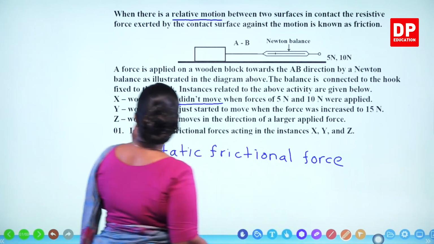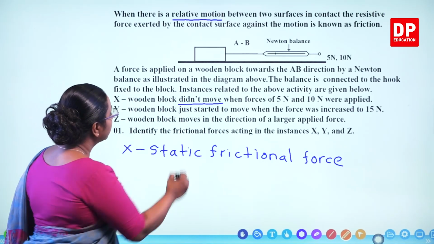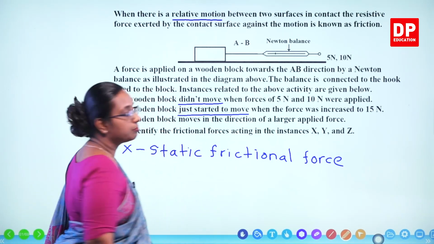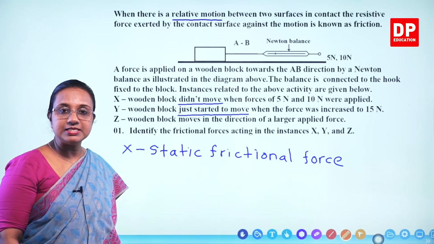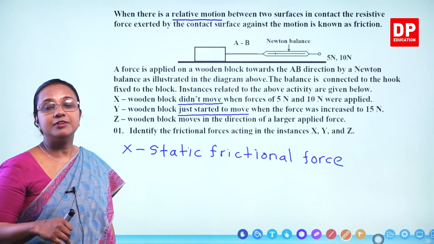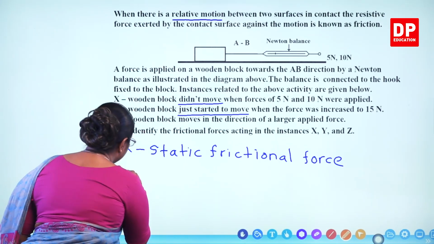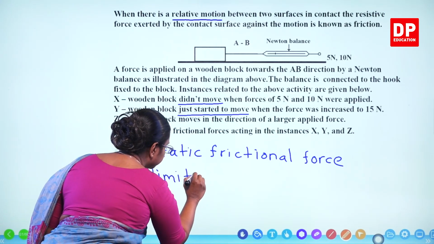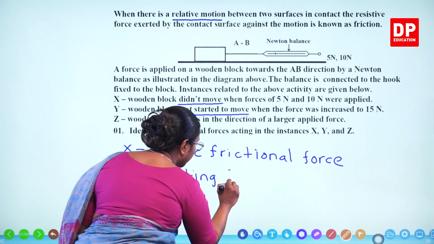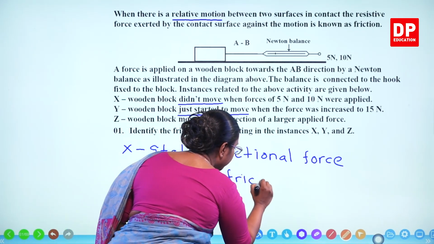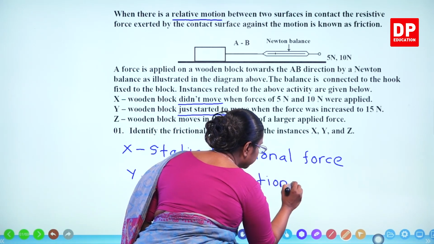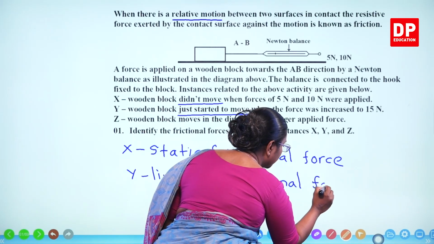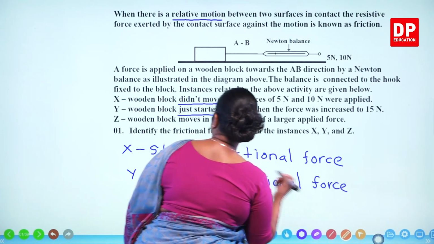Why wooden block just started to move. That means it is limiting frictional force. Y is limiting frictional force.